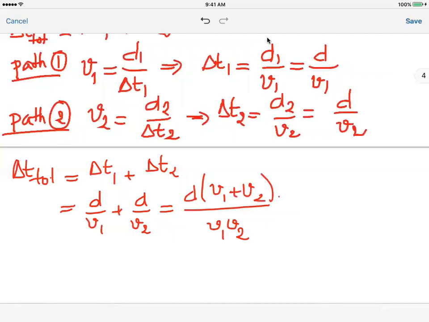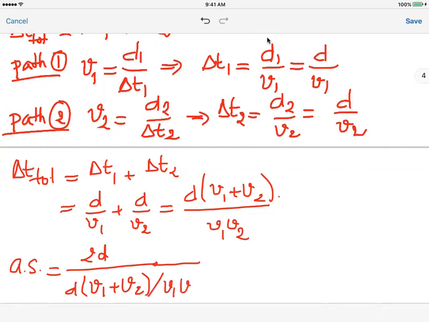Okay, that's great. Now we can simply deduce the average speed as d total divided by delta t total. So we end up with 2d divided by d times v1 plus v2, divided by v1 multiplied by v2.